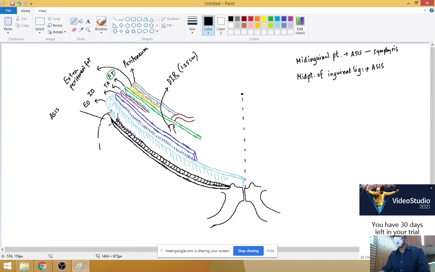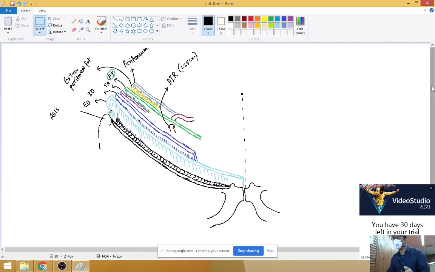Now the deep inguinal ring is in the mid-inguinal point. Okay, 1.25 centimeter just above the mid-inguinal point. So it's important you understand these two terms. Now when it comes further, it will come like that, isn't it?